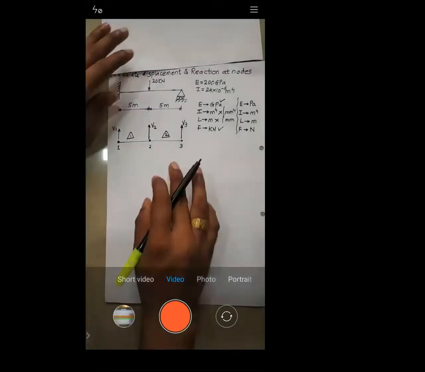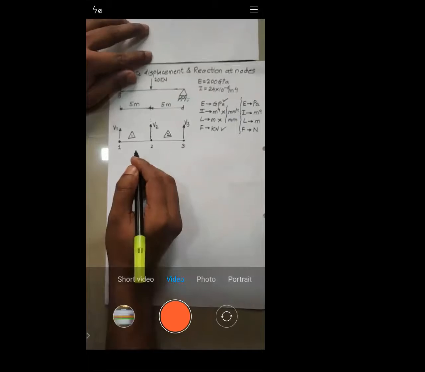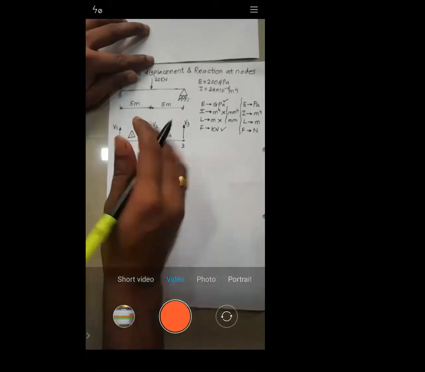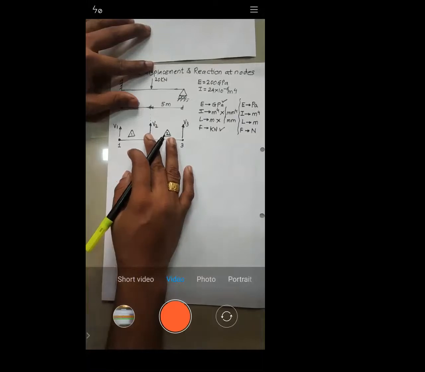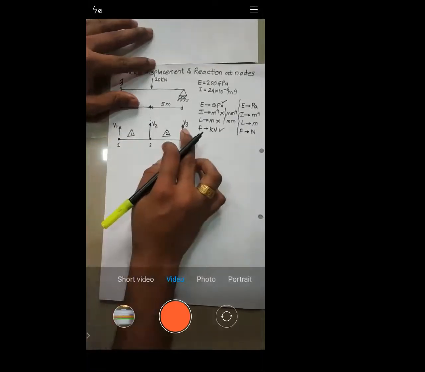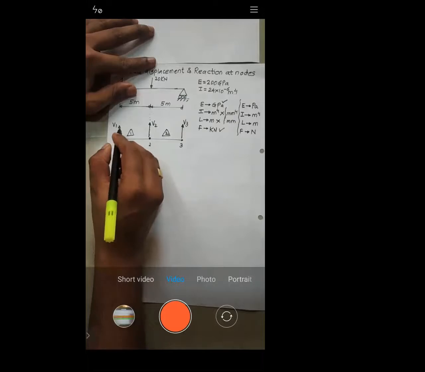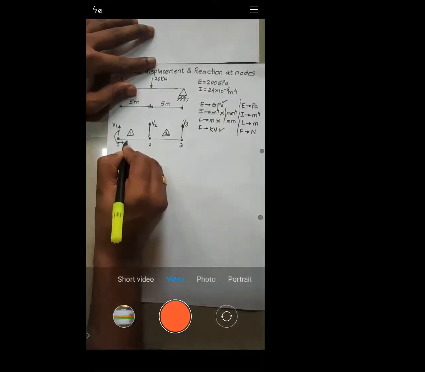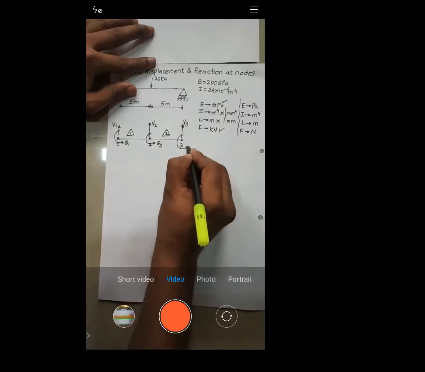Is it okay? Yes, sir. v1, v2, v3 are displacements at node 1, node 2, node 3 in y direction. Similarly, we will have theta 1, theta 2, and theta 3.